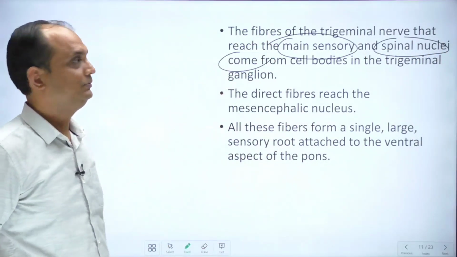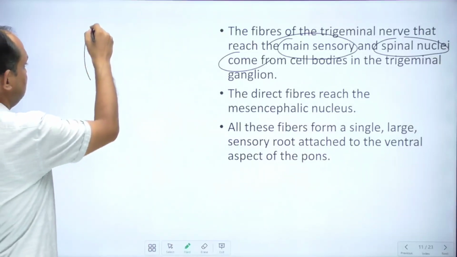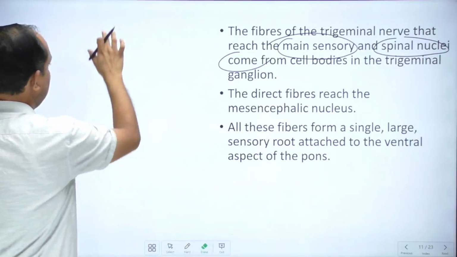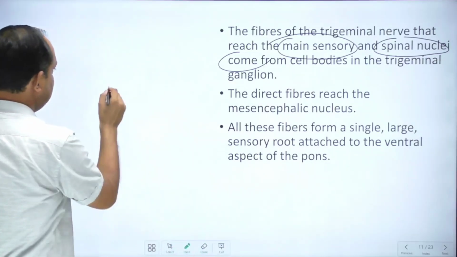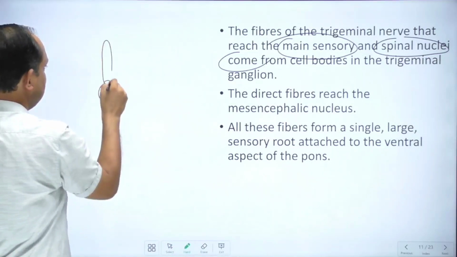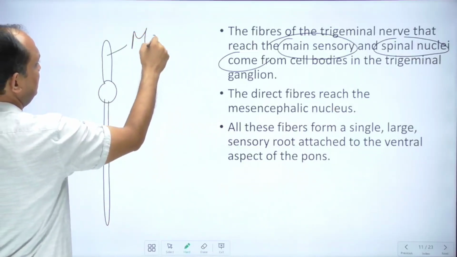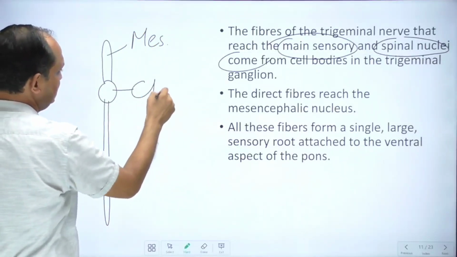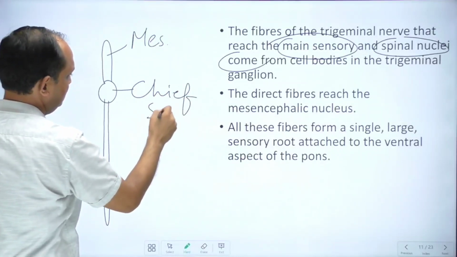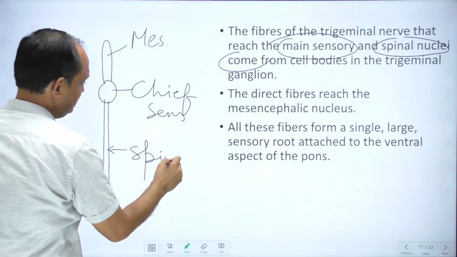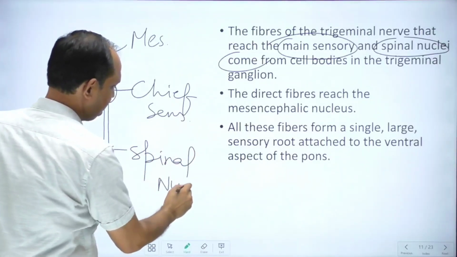This is what I just explained to you: that we have three nuclei. Of which nerve? Of the trigeminal nerve. When you see the trigeminal nerve, it has three nuclei. This is known as mesencephalic, this is chief sensory, and this is the spinal nucleus of the trigeminal nerve.